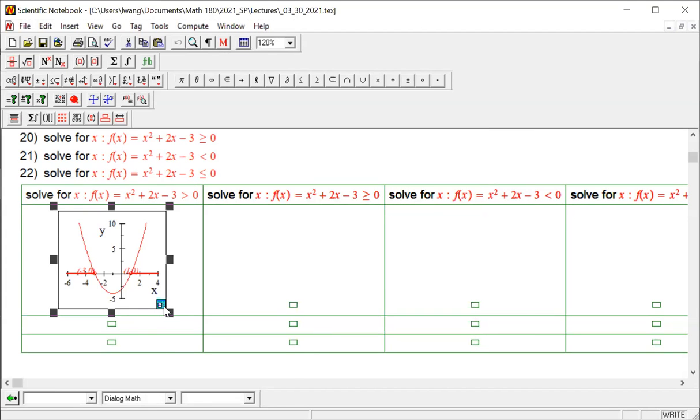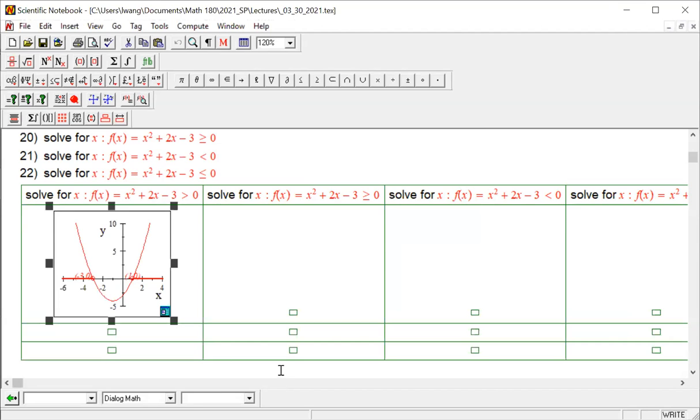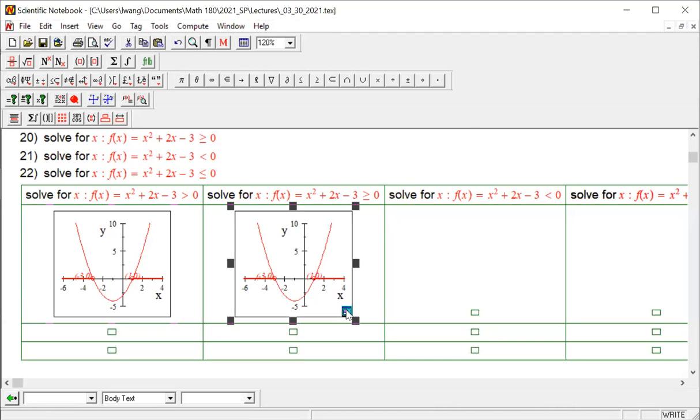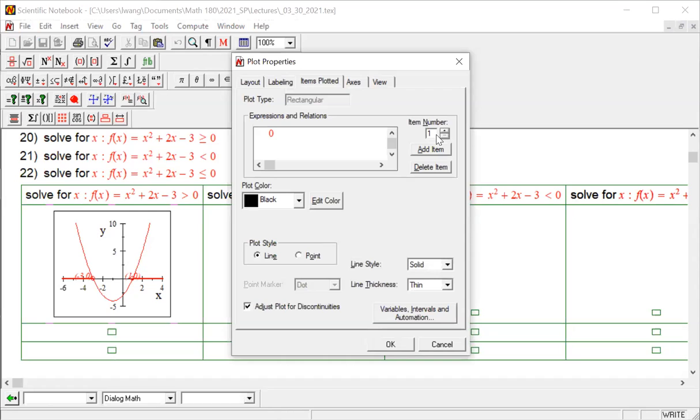The reason I say if there are any is because sometimes there's no x-intercept, as you're going to see in questions in the future. And for this one, there will be dots.